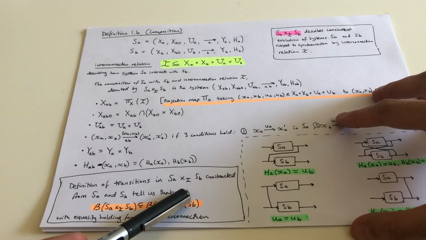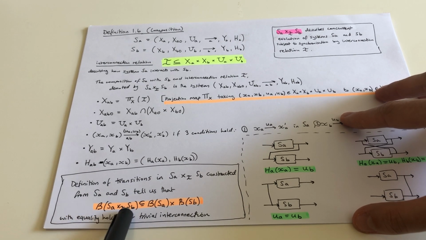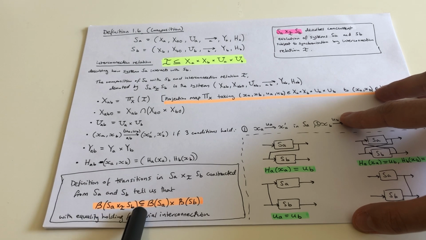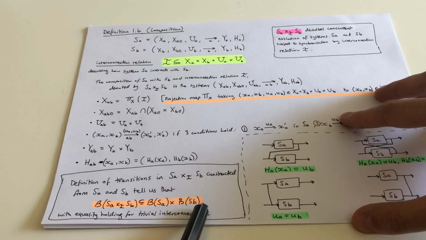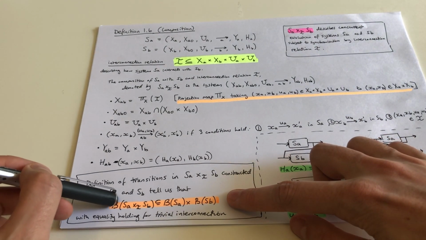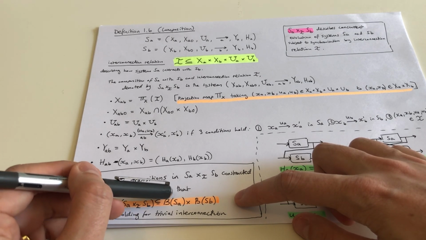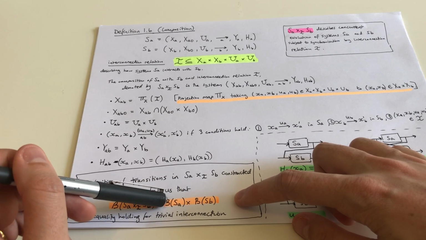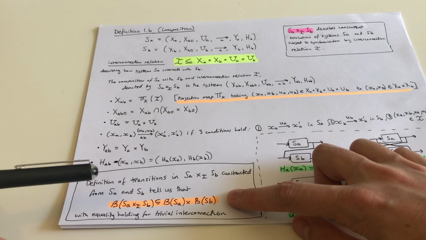If we look at this composition of system A with system B with the interconnection relation I, then we know that the behavior of this interconnected system is some subset, or potentially equal to, the behaviors of system A in composition with the behaviors of system B. And so the closer this behavior of this interconnected system is to the full composition of the behavior of system A with system B, the more trivial the interconnection is between these two systems.